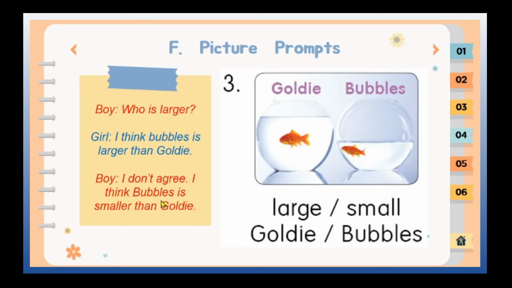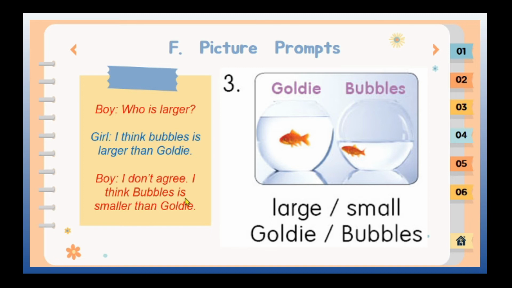Alright, number 3. Take a look at this photo and compare. You have here large, which is Goldie, and small, which is Bubbles. Now let's read. Boys, who is larger? I think Bubbles is larger than Goldie. I don't agree.